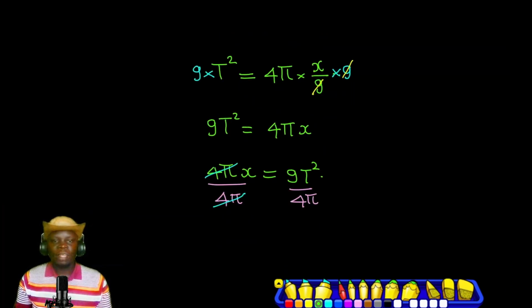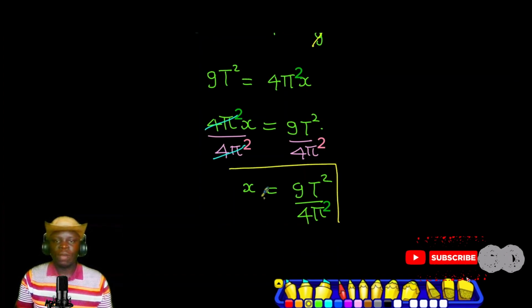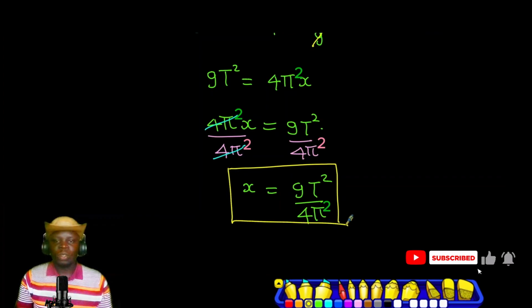Therefore, we are only left here with x equals g t squared all over 4 pi, and that becomes the expression for our third part of this question. We have just simply made our x the subject of this expression.